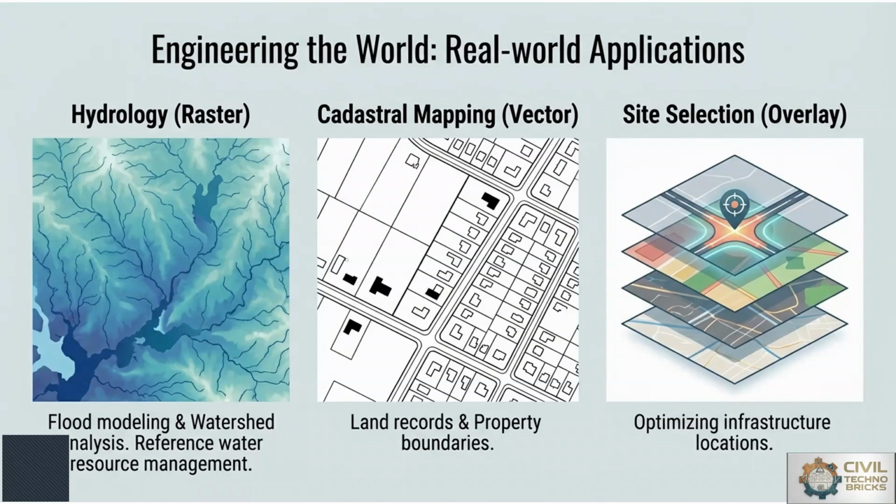So overlay analysis helps civil engineers to optimize the placement of highways, demarcation of dam catchments, industrial corridors, industrial zones, residential layouts, and utility networks, while minimizing environmental and economic impacts.